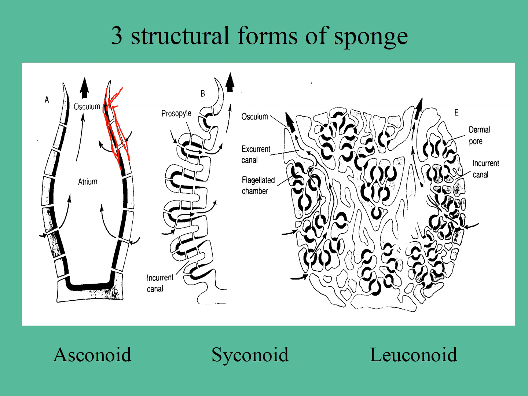But most sponges that you see are bigger than a cell layer thick. And so these structural forms are essentially a measure of how much folding of the body there is in order to produce a bigger sponge.